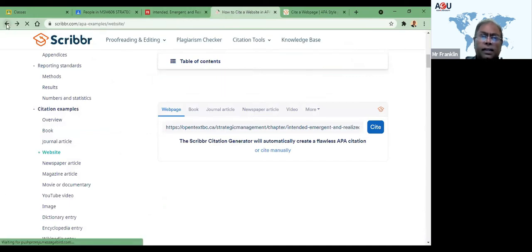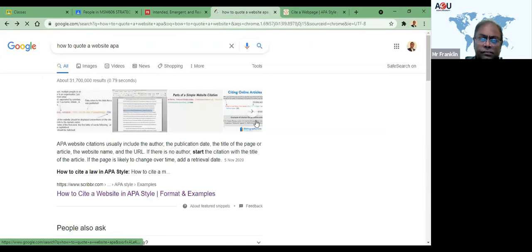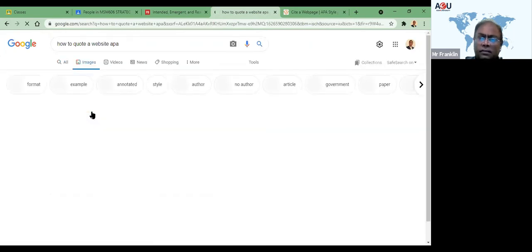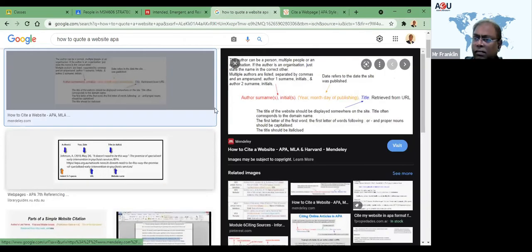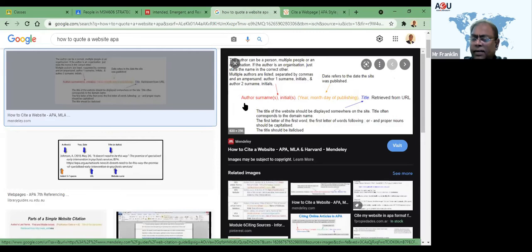Let's see whether I can get this. Okay, this is how you cite the website. Look at this here on my right hand side. Author surname, if you have an author there, initial, year, month, day of publishing, title of the thing, retrieved from.